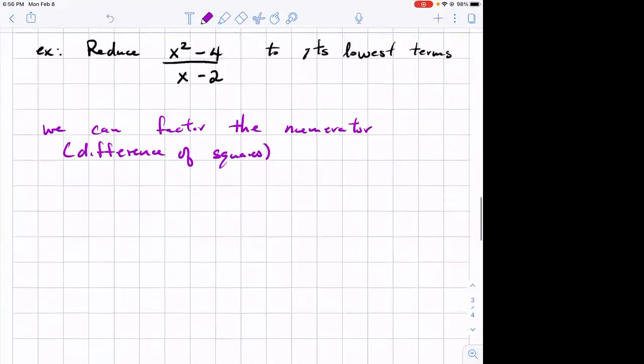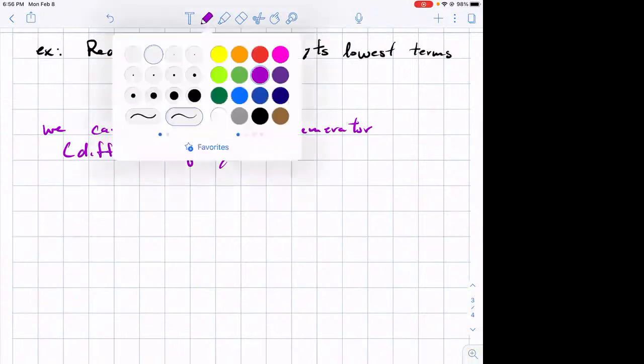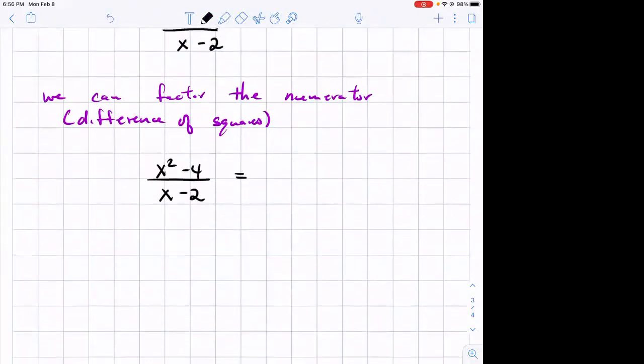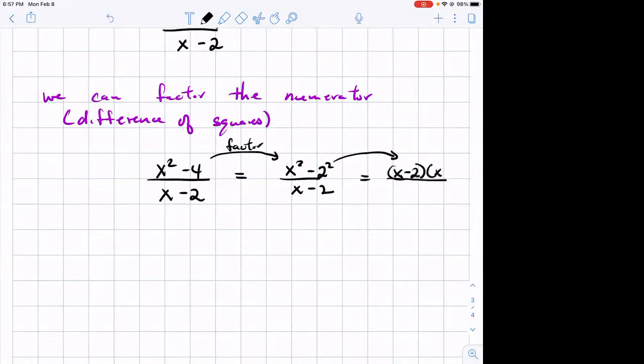So x squared minus 4 over x minus 2 is the same, by factoring, as x squared minus 2 squared over x minus 2, which can also continue to be x minus 2 times x plus 2 over x minus 2.